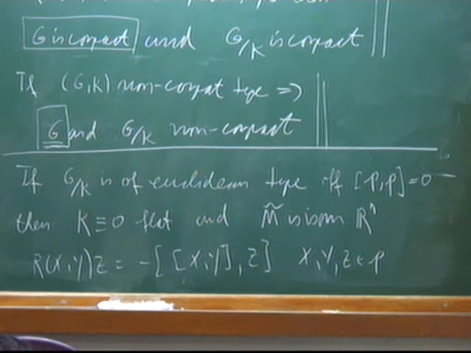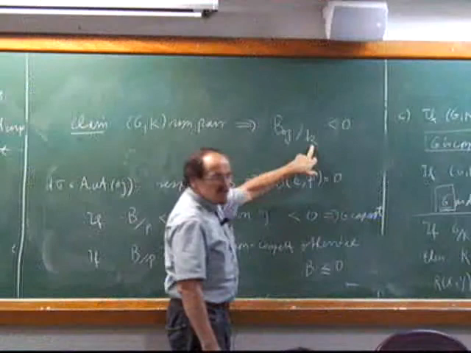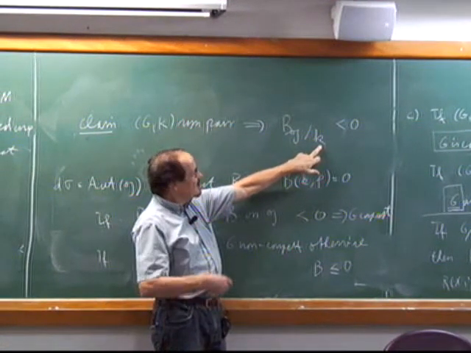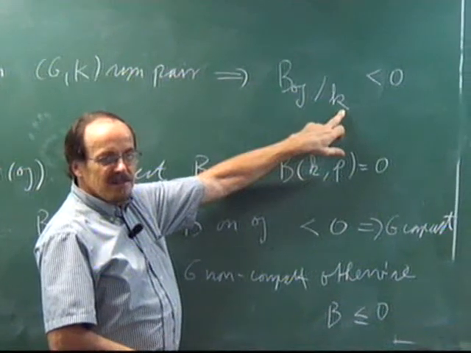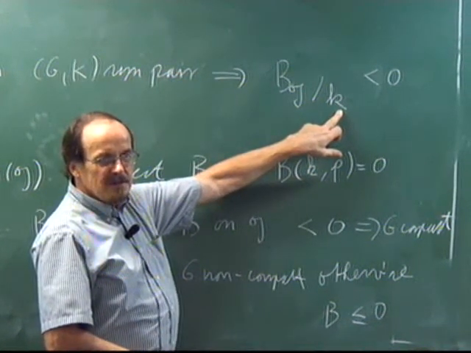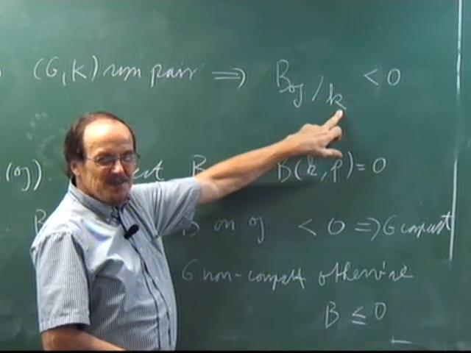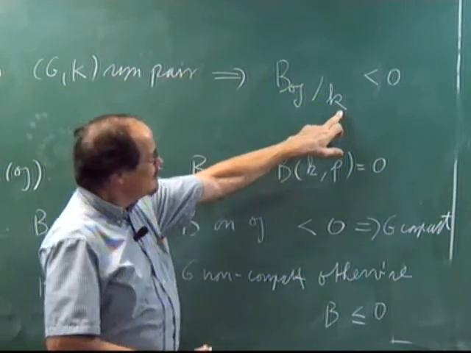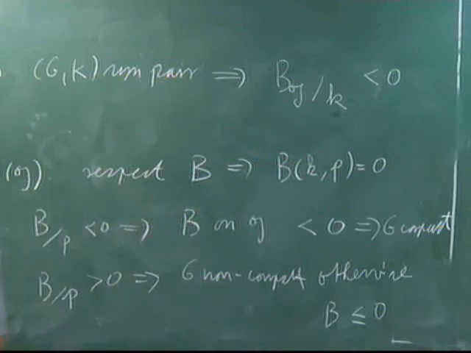So I need to show this here. B on K is always negative. That cannot quite make sense, because K is a compact Lie group, so at least the Killing form of K is negative. Well, of course, it could be a torus, so smaller or equal to 0. So even that's not quite clear. The Killing form of K is smaller or equal to 0, that's true, but that's not what we're claiming.